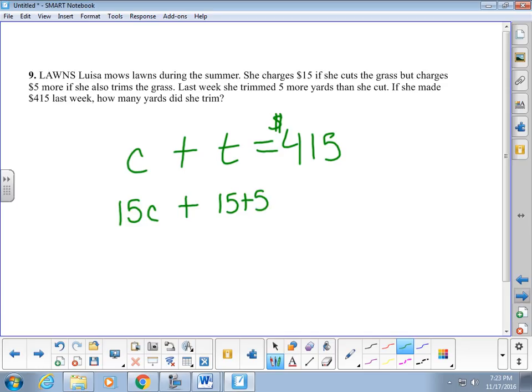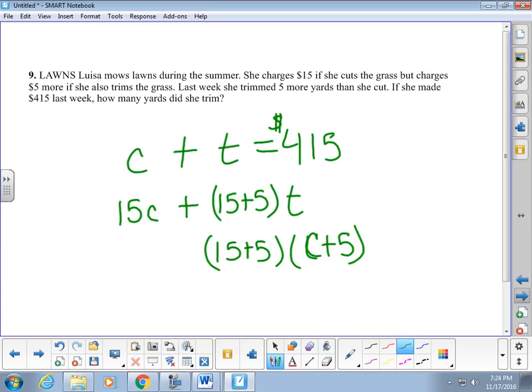I still don't know how many that she did. Then I found out that she trimmed 5 more yards than she cut. All right? So I don't know how much she cut, but I know that this T is now C plus 5.